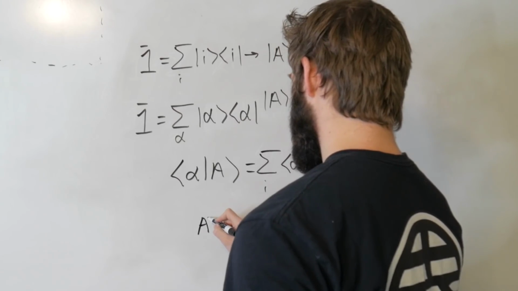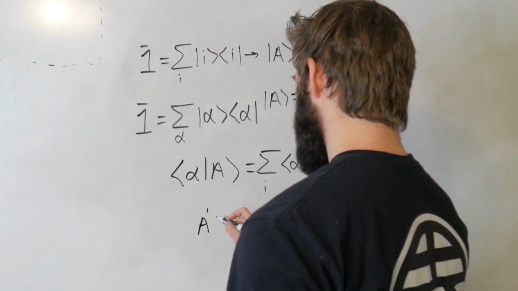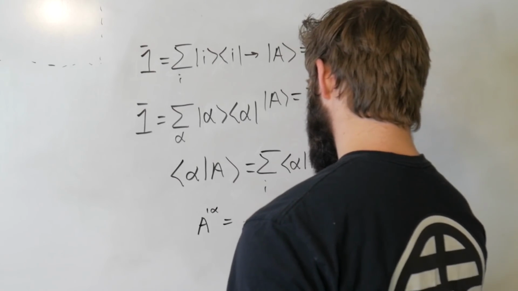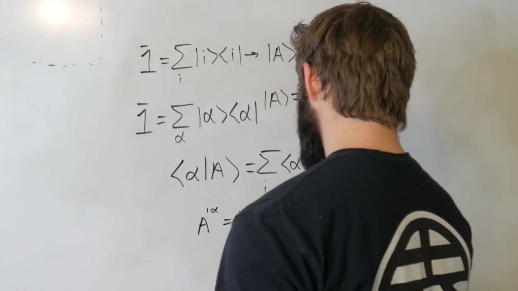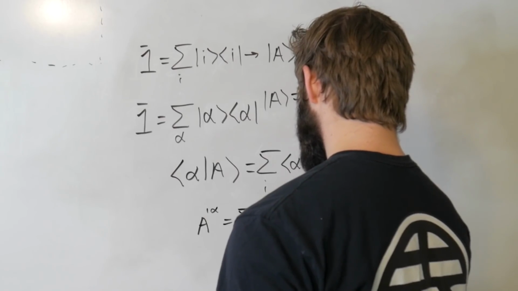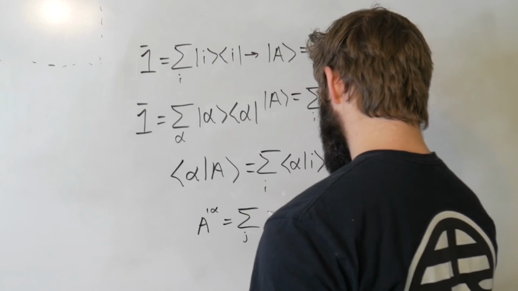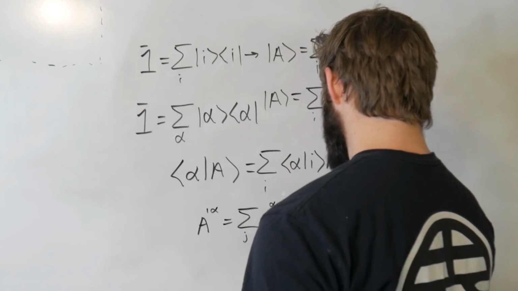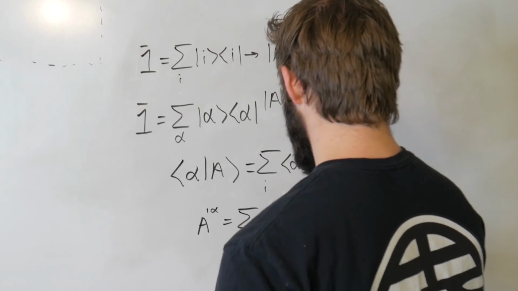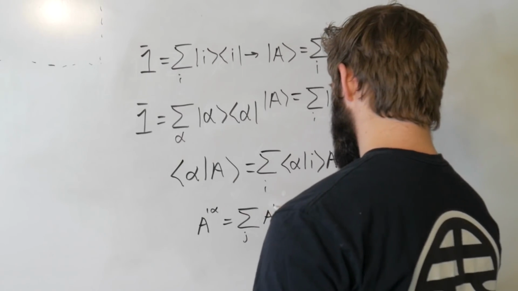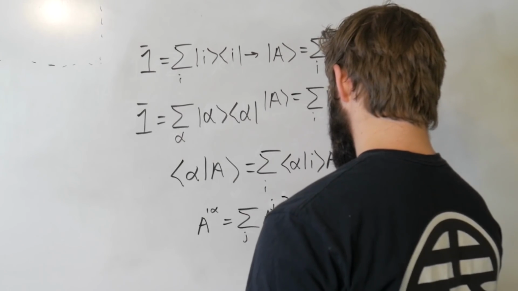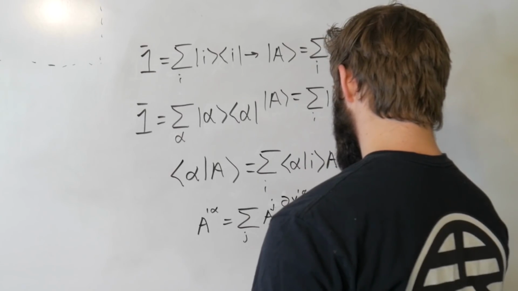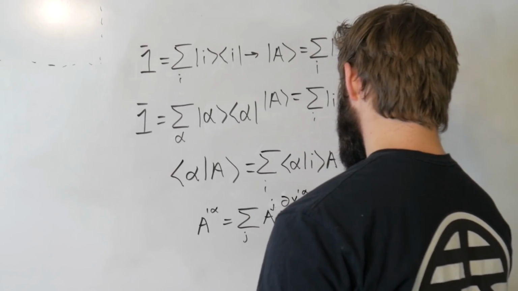So this is equivalent to saying what we said before. If we were to say A prime alpha is equal to the sum over, let's say, j of dx prime alpha over dx j times A j.